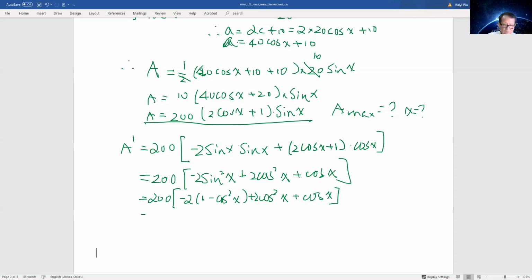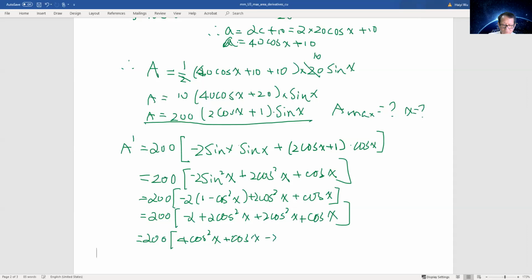So simplify to 200 times negative 2 plus 2 cos squared x plus cos x. All right, now we will get 200 times 4 cos squared x plus cos x minus 2.